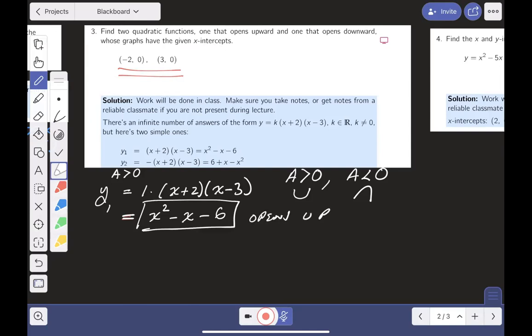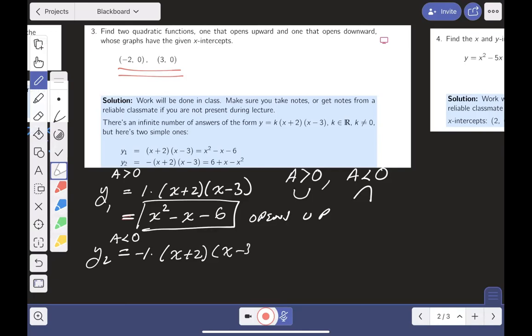Let's do the next one, which is one that opens downward. So to open downward, I want to point out A would have to be a negative number. What's a nice easy negative number? I'm going to say minus 1. But you can choose any negative number you want. But it still has the same X-intercepts. So it still has the same factors. X plus 2, X minus 3.